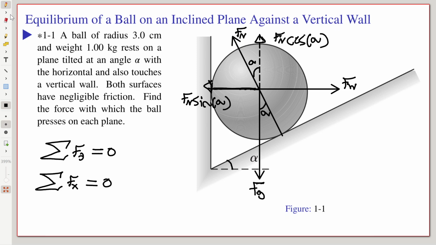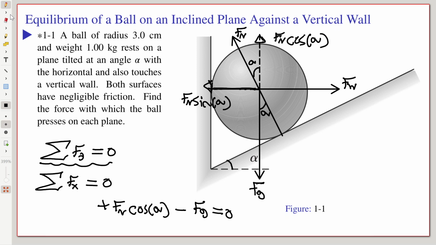For the vertical parts, let's write the equation for the y components. We see that positive Fn cosine of alpha minus Fg, because it's downward, is equal to 0.